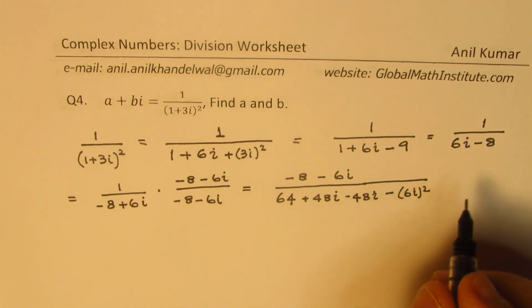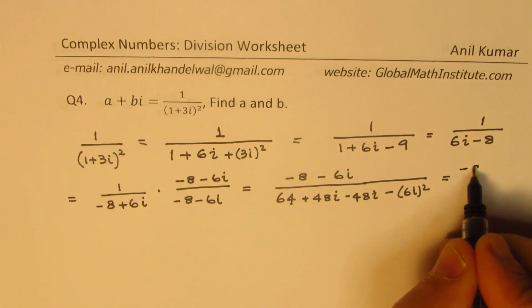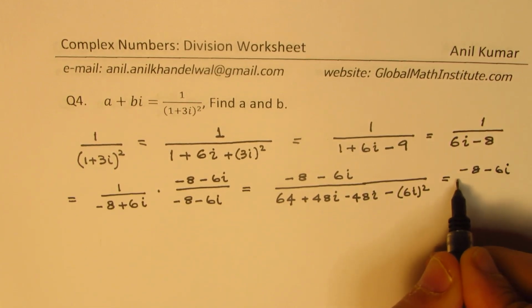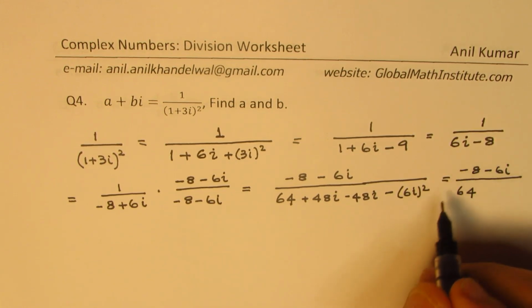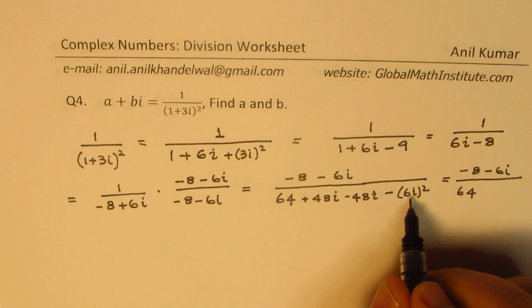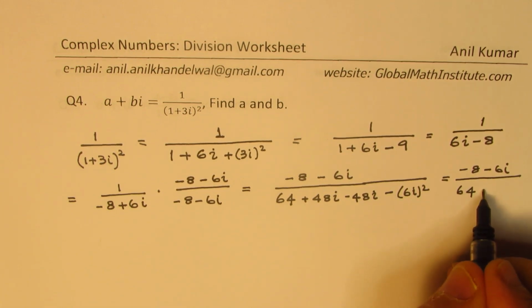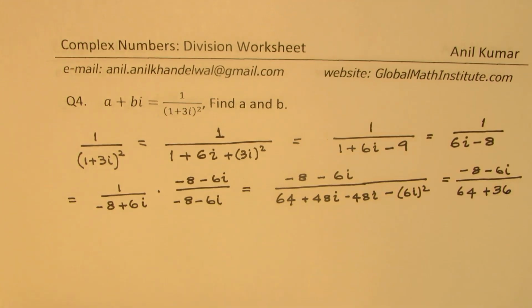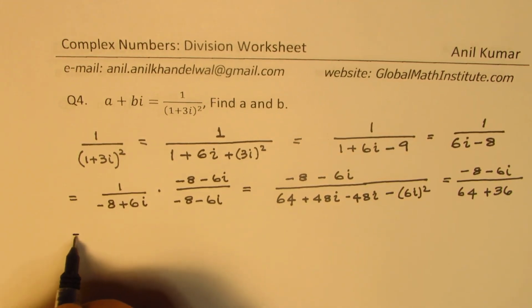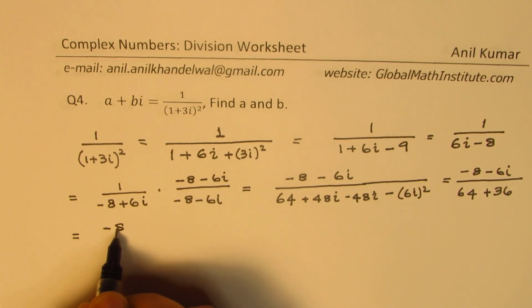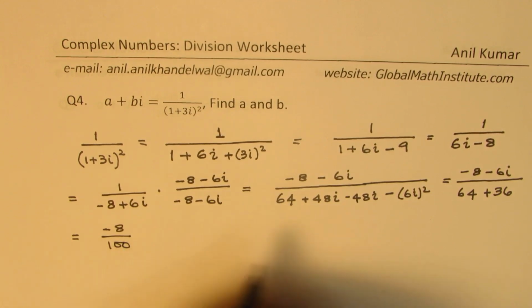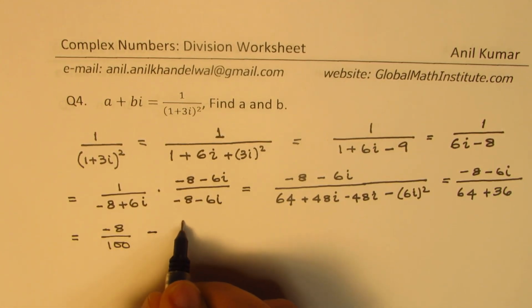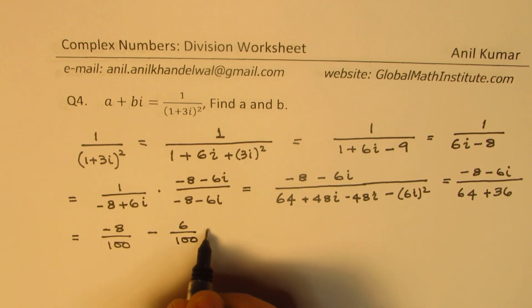So these two terms cancel, and what we get here is minus 8 minus 6i over 64, that is the square of 8, and this minus becomes positive, so the sign changes, so we have plus 36 here. Perfect. So what we get here is minus 8 over 100, and then we get minus 6 over 100 i, right?